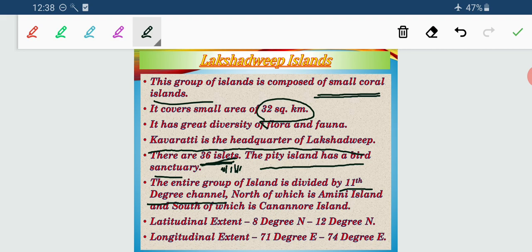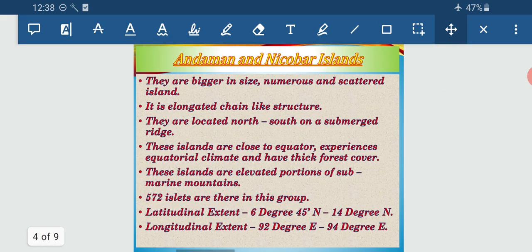Now, what are the latitudinal and longitudinal extents? The latitudinal extent is 8 degree north to 12 degree north, and the longitudinal extent is 71 degree east to 74 degree east. I am repeating once again: 8 degree north to 12 degree north is the latitudinal extent, and 71 degree east to 74 degree east is the longitudinal extent. So, this is about the Lakshadweep island group.